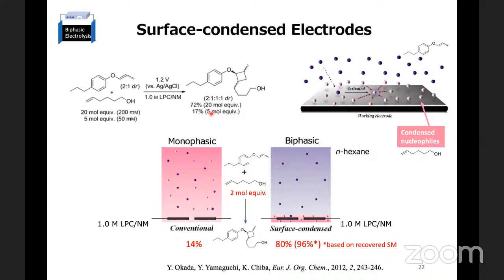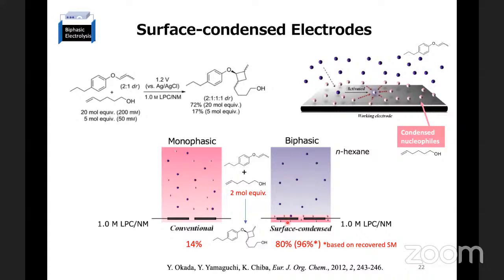A substrate with a methoxyphenyl group is activated on the anode surface, while hexenol reacts nucleophilically. In this case, the nucleophile usually requires an excess of about 20 equivalents when nitromethane is used as a sole solvent. When a biphasic system is configured and only the vicinity of the electrode is immersed in a highly polar nitromethane electrolyte solution, the desired coupling reaction proceeds extremely efficiently.